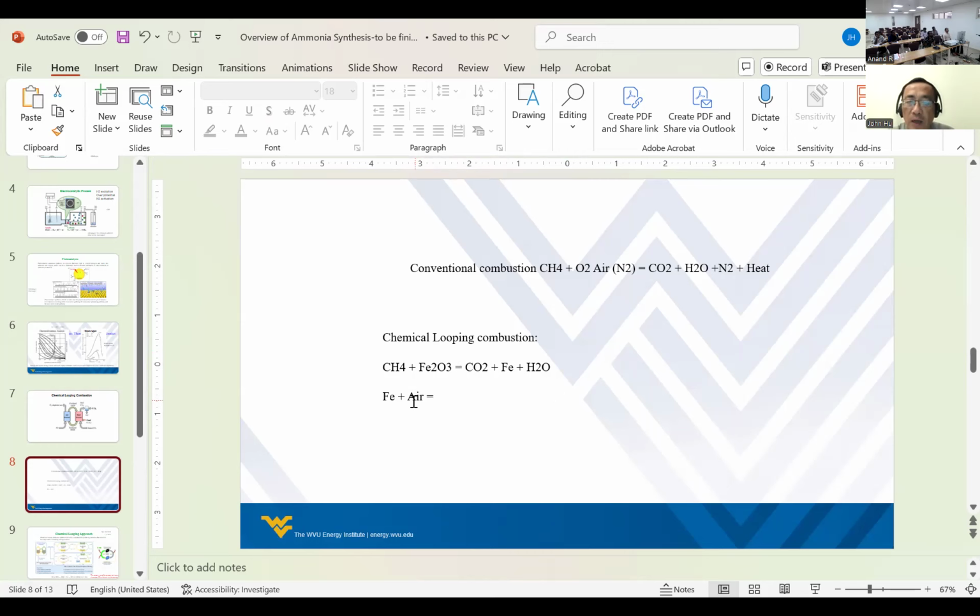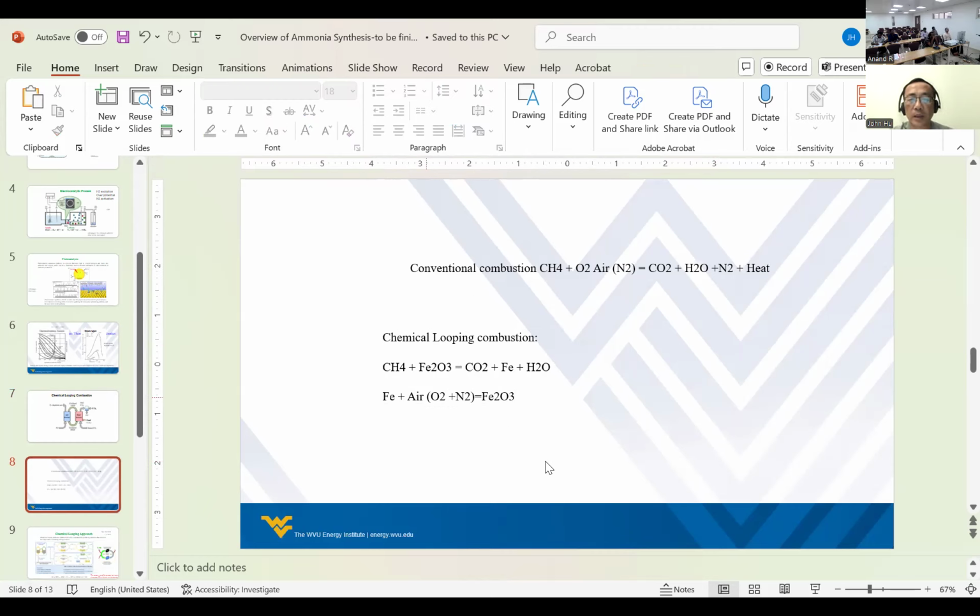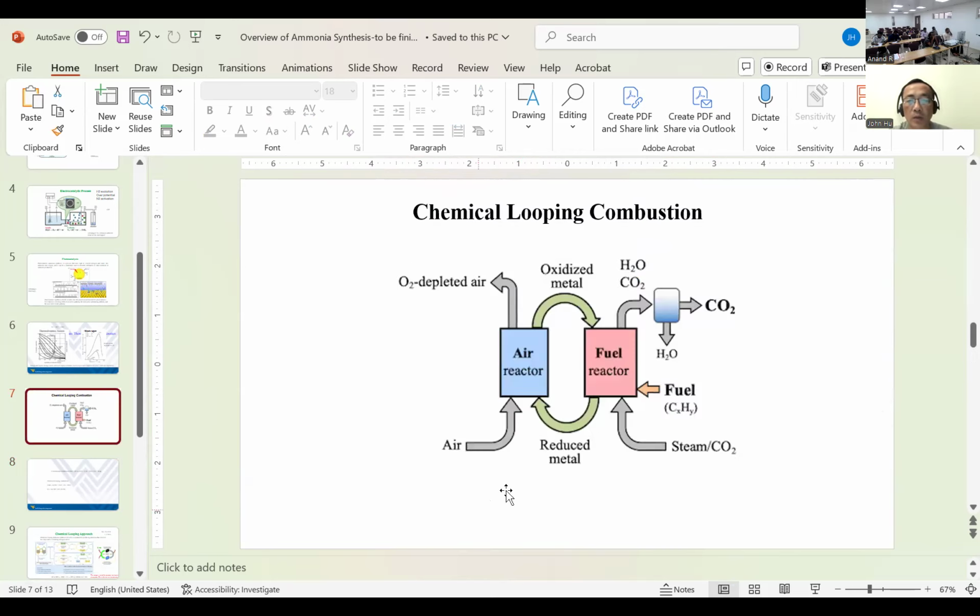Then you turn around and have iron react with air, which is O2 plus N2. Then they oxidize into Fe2O3. Make sense? All right. Now you recover this oxygen carrier, so back to this loop. On this side, methane reacts with the oxygen carrier to form CO2.